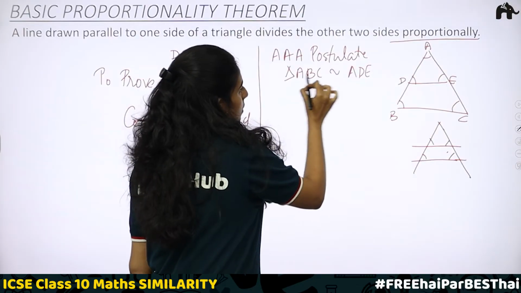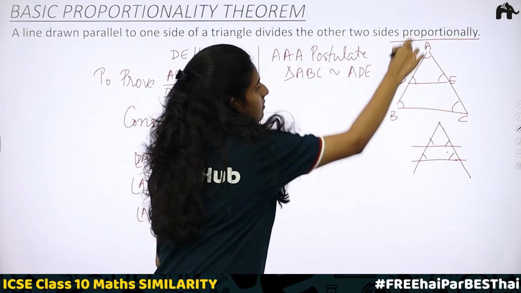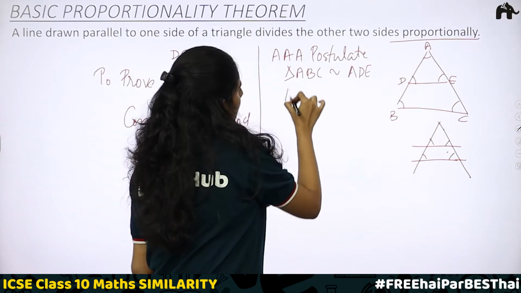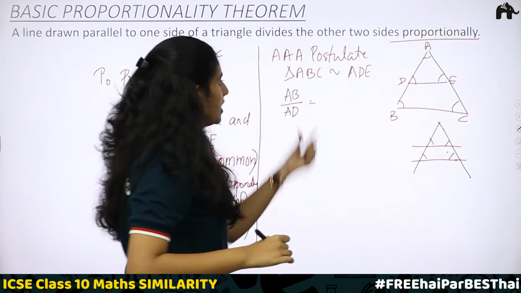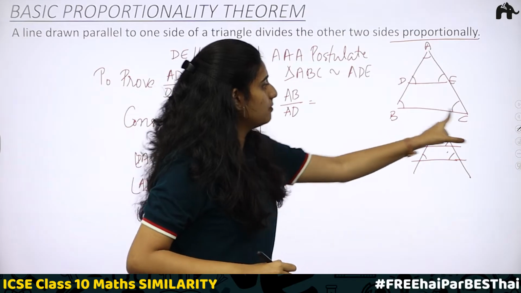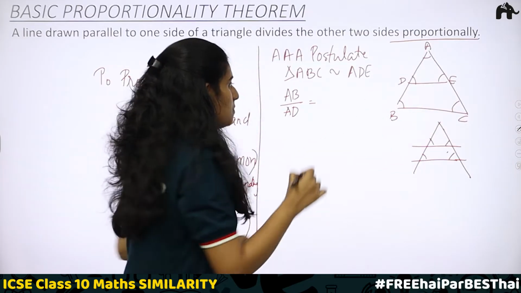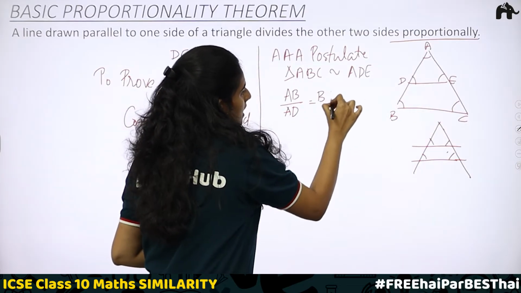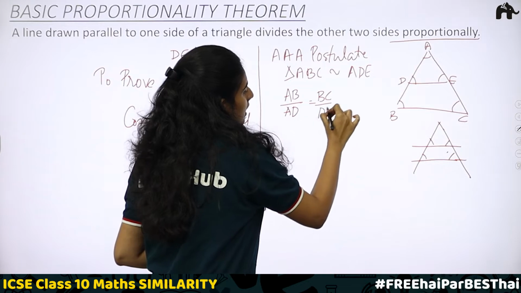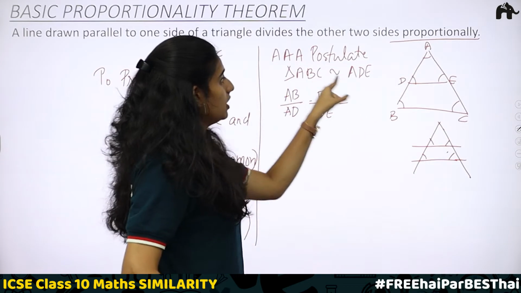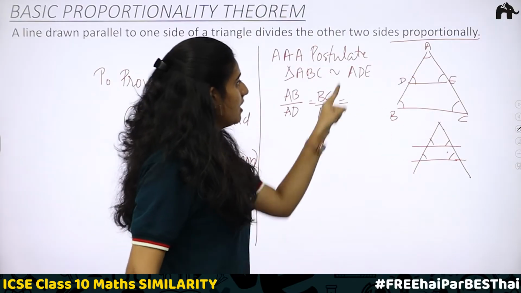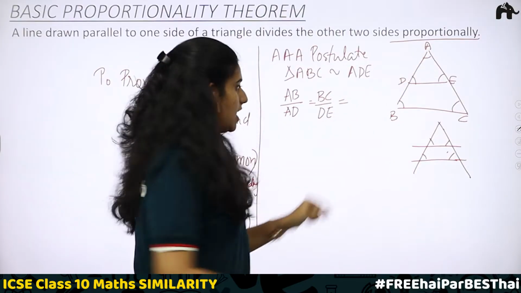So here corresponding to AB, we have AD. AB by AD is equal to, corresponding to BC, we have DE in the small triangle. BC divided by DE is equal to, corresponding to AC, we have AE in the smaller triangle.